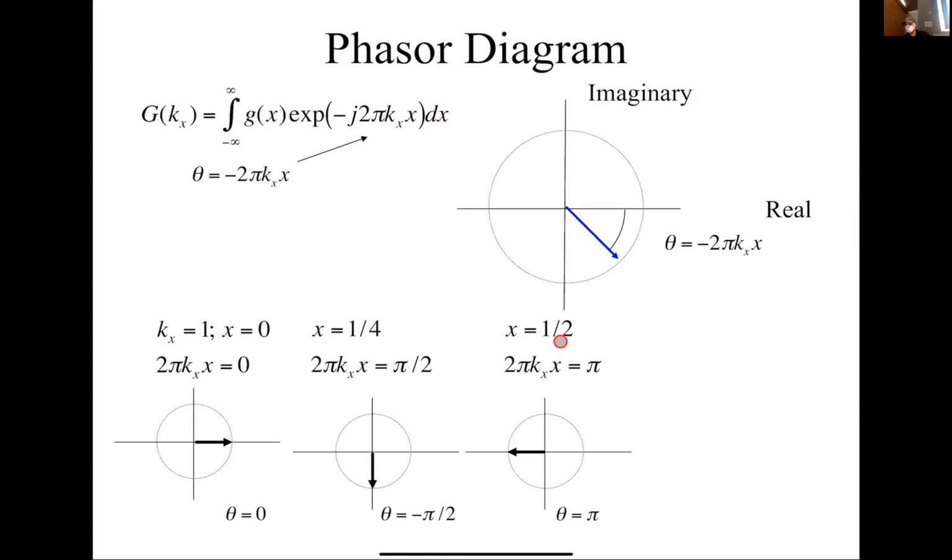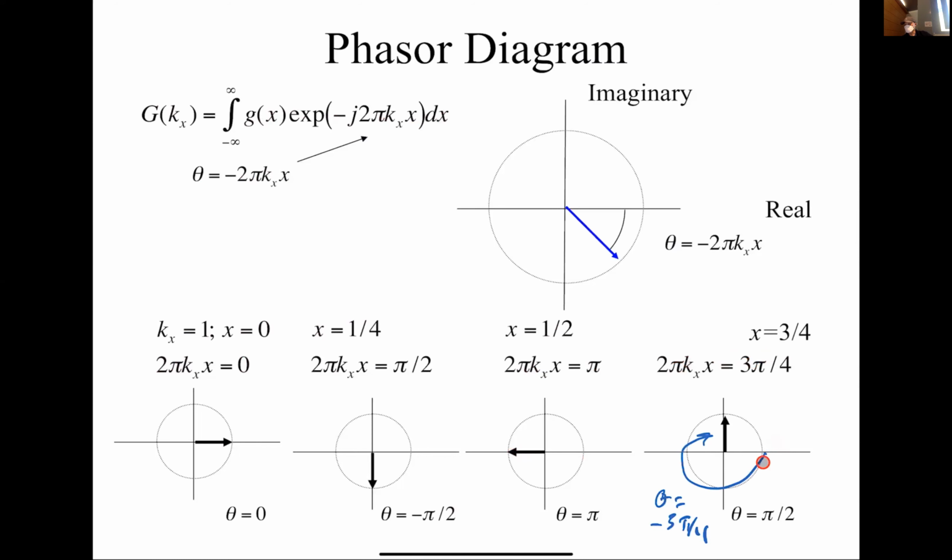Here we have x equals a half, so 2 pi kx x equals pi. So here's theta equals pi, or minus pi. It doesn't really matter in this case. And here we have 2 pi kx x equals 3 pi over 4, which would go all the way around here, right? So that's theta equals minus 3 pi over 4. But that's the same as theta equals pi over 2.